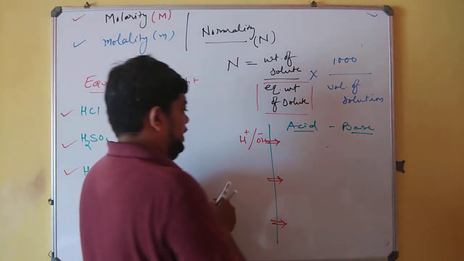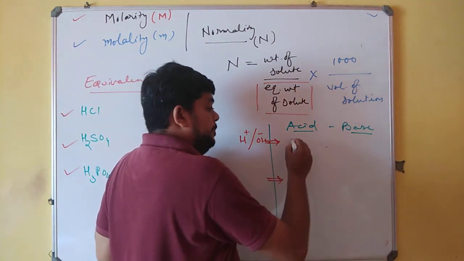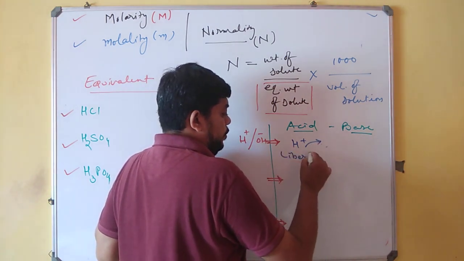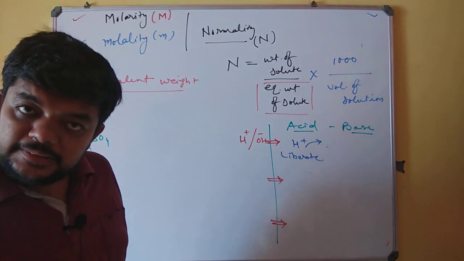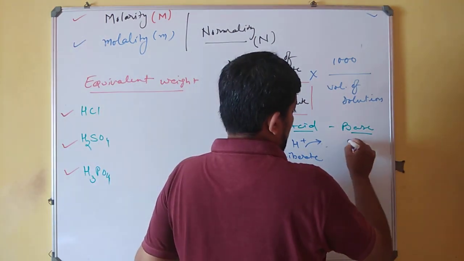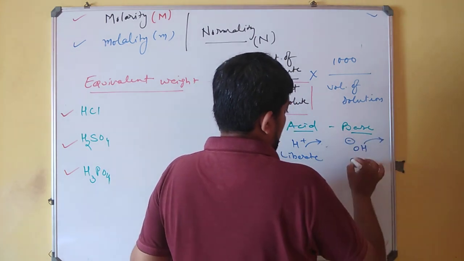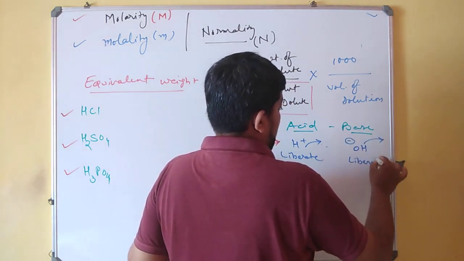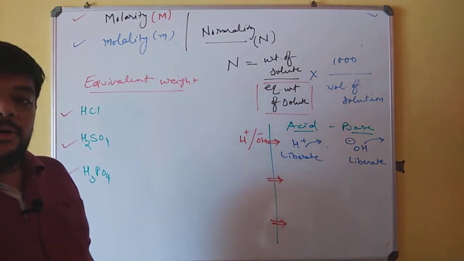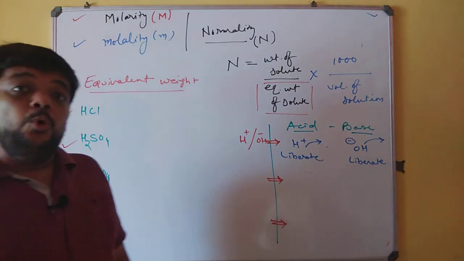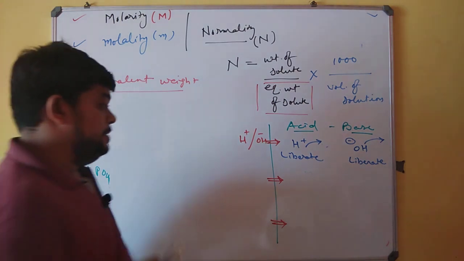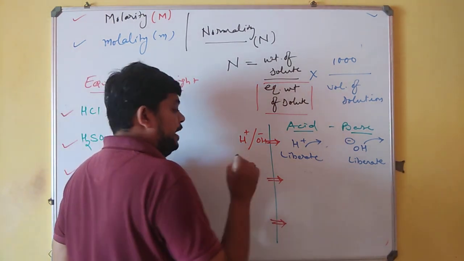If I say that a molecule liberates H plus, I will always correlate it with Arrhenius acid. But at the same time, if I say that it liberates OH minus, I will always say that it is directly correlated with Arrhenius base. But now shifting from Arrhenius acid, Arrhenius base to Lowry Bronsted acid, Lowry Bronsted base, here only H plus has its role.